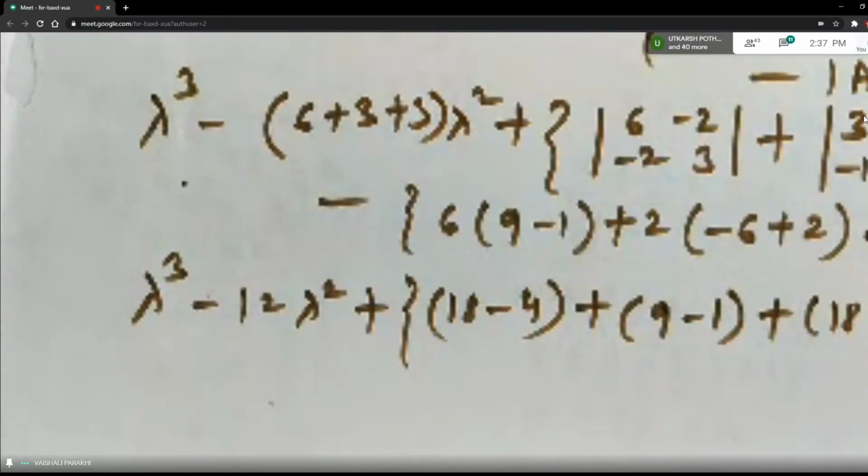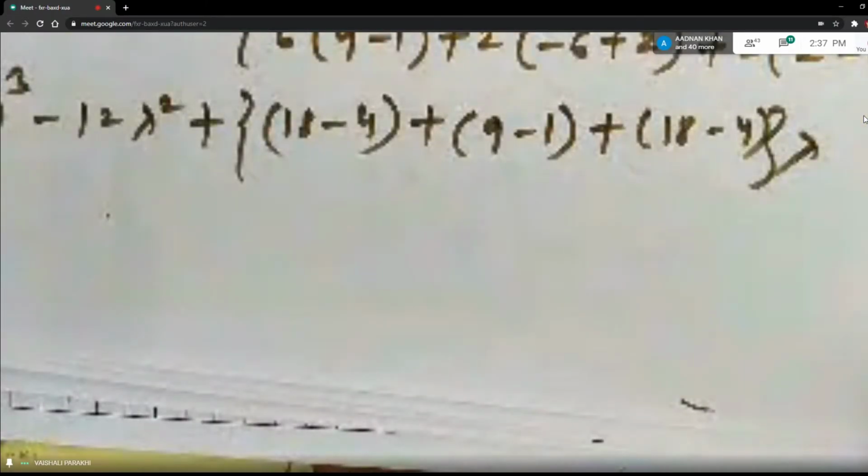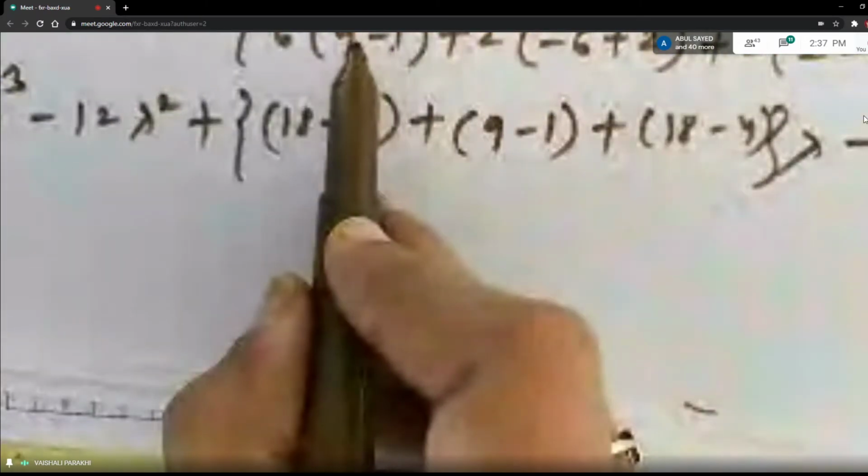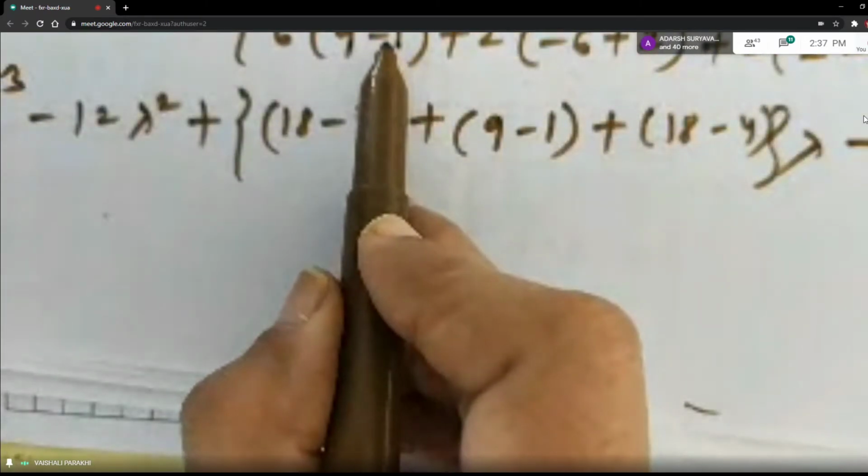Correct, no? This is lambda. Okay? Now, tell me what is this determinant value, students? So 9 minus 1 is 8.